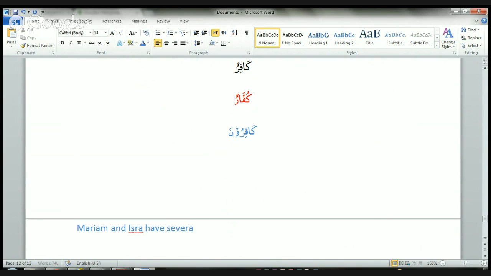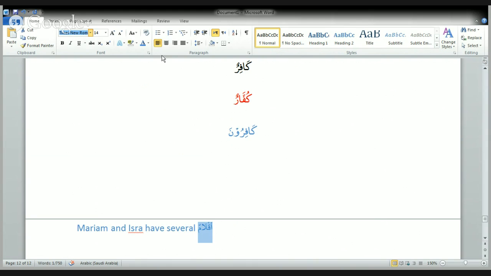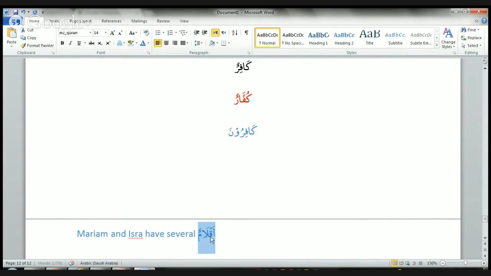have several aqlam. Okay. Aqlam means what? Do you guys know? Pens. Good. Not qalams. Aqlam means pens. We're not going to translate Arabic into Arabonics.